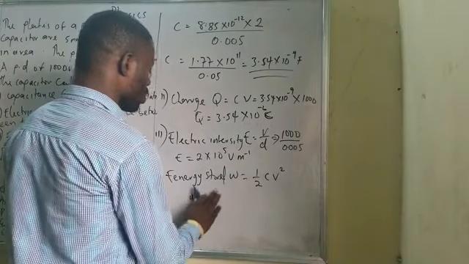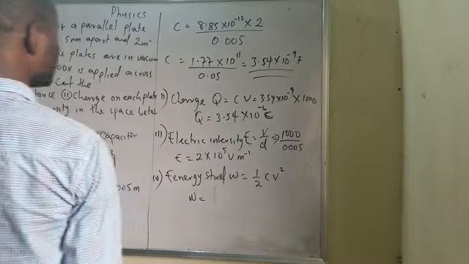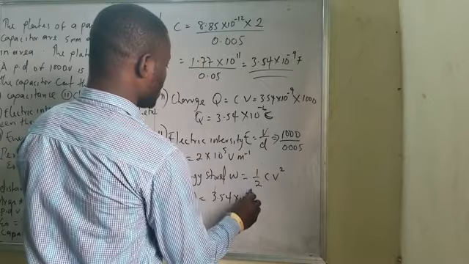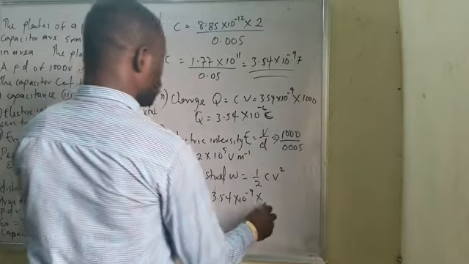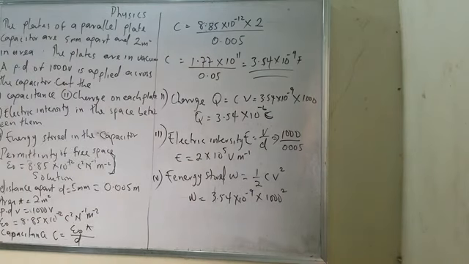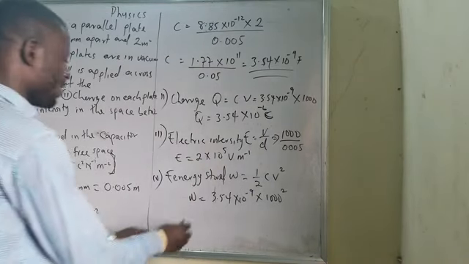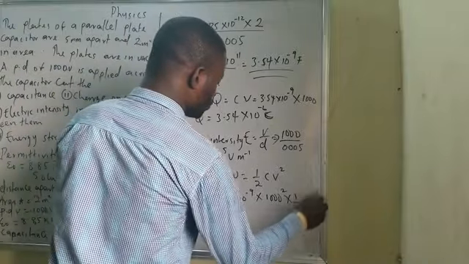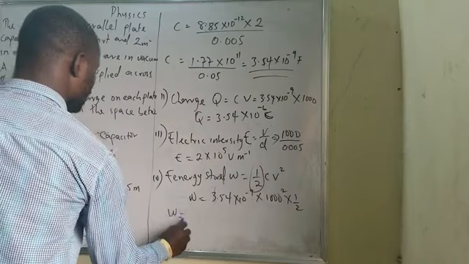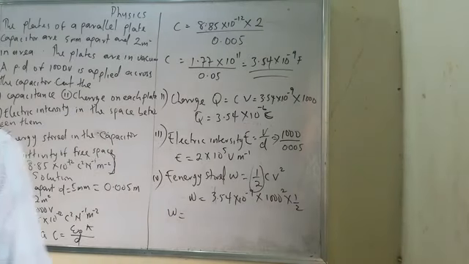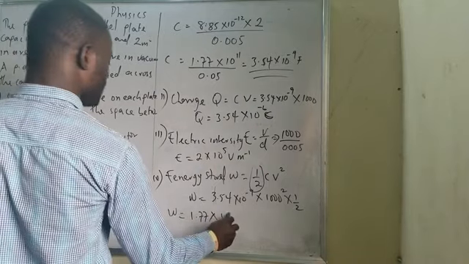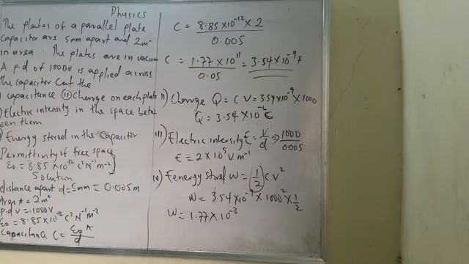What is my capacitance? 3.54 multiplied by 10 raised to power minus 9, multiplied by my volt, 1000 squared, multiplied by 1/2. My calculator gives me 1.77 multiplied by 10 raised to power minus 3. That is all.